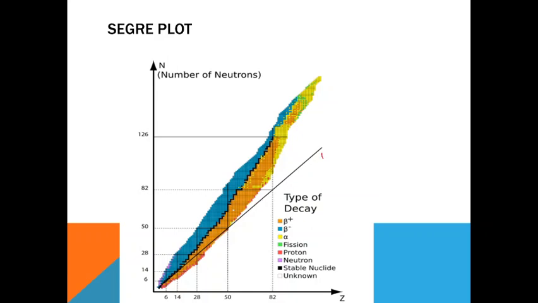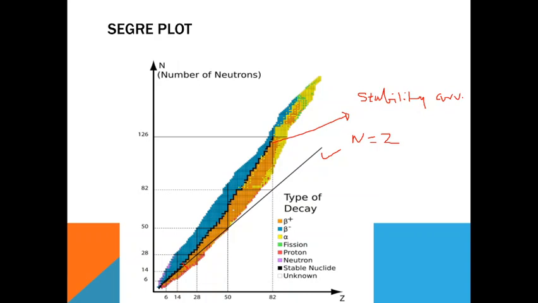This straight line means N is equal to Z. But as you can see, up to this point, this dark zigzag line, can you see this line? This is actually a stability curve.